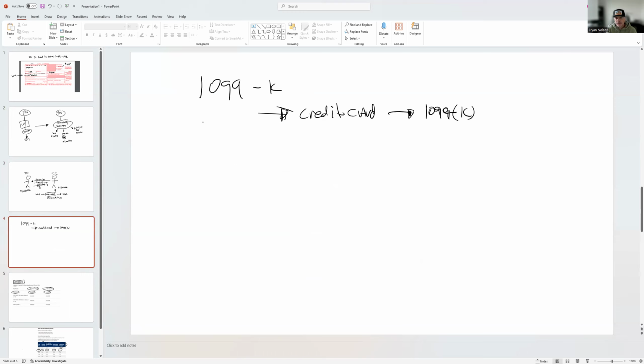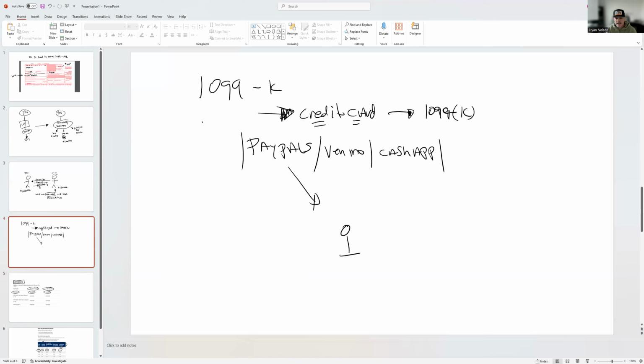So it's almost going to be done for you on the credit card side. And so these are PayPal, I see, Venmo, Cash App. These are all just going to go ahead and send that 1099-K on your behalf.